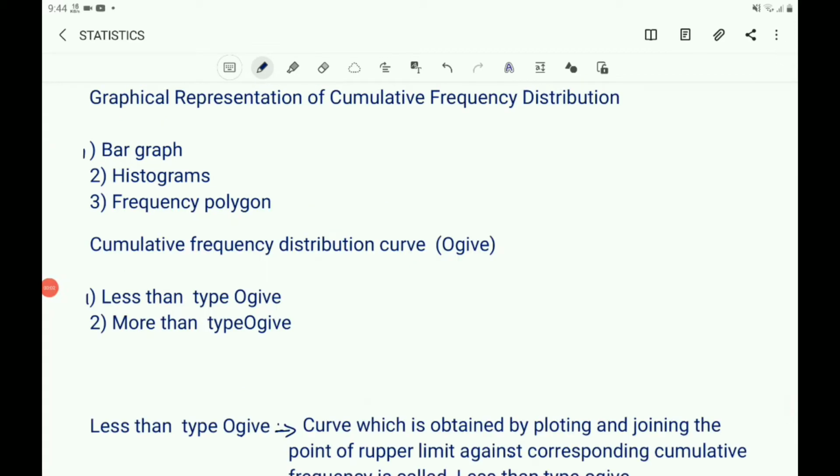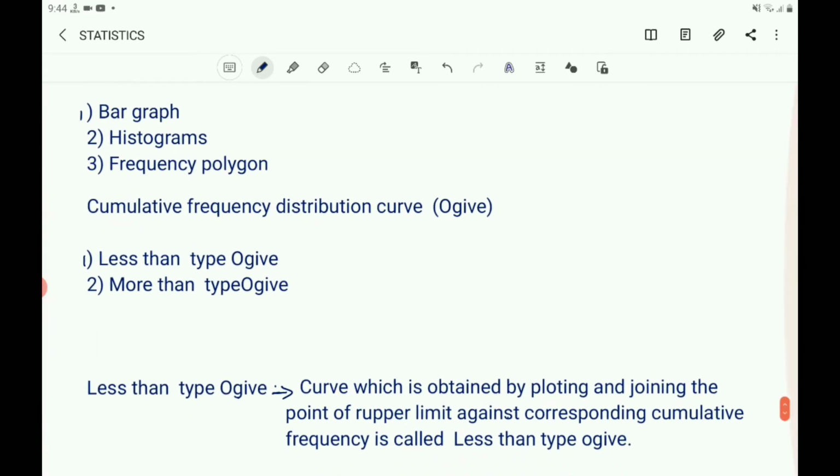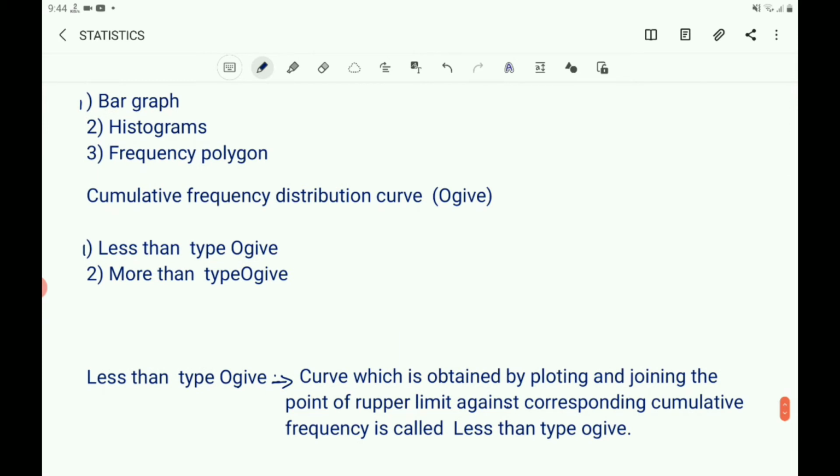Cumulative frequency distribution curves or Ogives are of two types. One is the less than type Ogive, and the second one is the more than type Ogive. Already we have discussed that on the x-axis we take either the upper limit or lower limit.